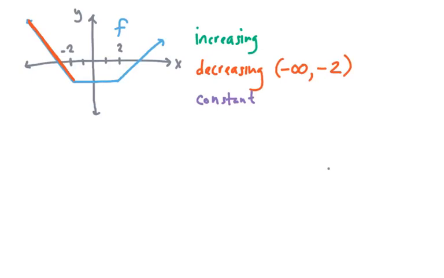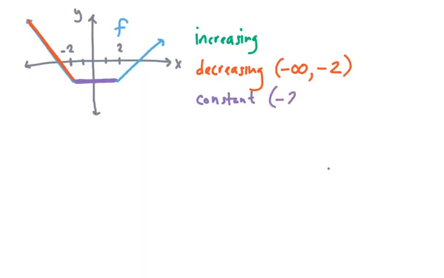Then the line becomes horizontal for a moment. So if you think about this like running on a treadmill, we've got a constant slope for a minute, right? So another way to say this would be it's neither increasing nor decreasing.